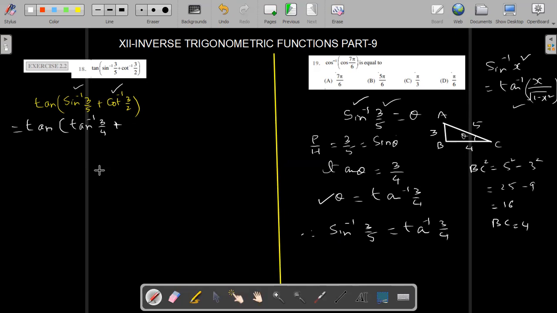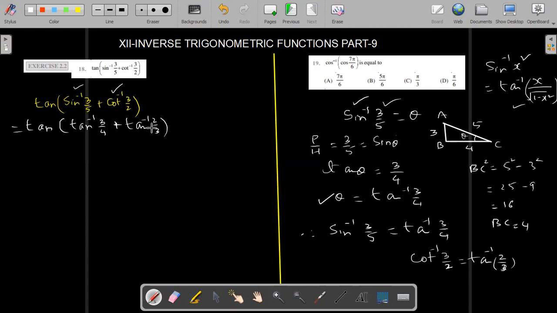And cot inverse, cot is the opposite of tan. So whenever you have to convert cot, you can directly convert into the reciprocal. For cot inverse, no need to draw a triangle. Cot inverse is the reciprocal of tan, so we can write directly tan inverse 2 by 3. Only the value will be reciprocal, 3 by 2 will be written 2 by 3. Okay, got it. So we got both the values in tan.